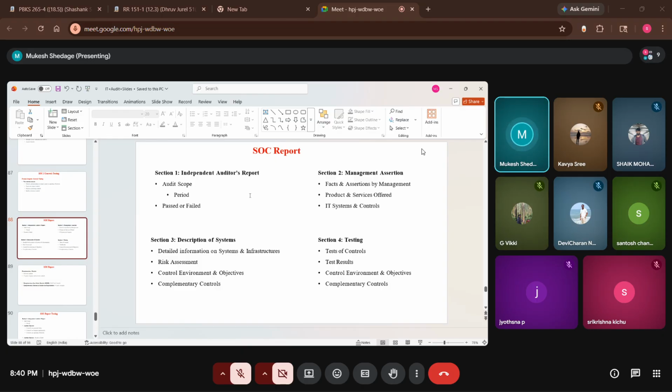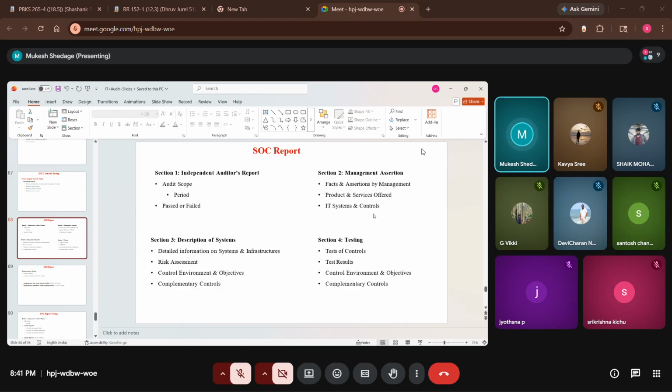A SOC 2 report always starts with the auditor report, or your opinion. In that you need to mention the audit scope. Audit scope means which application or which trust service criteria you have tested, what the period is, and whether the controls pass or fail. So your opinion is the first thing. Then you need the management assertion.